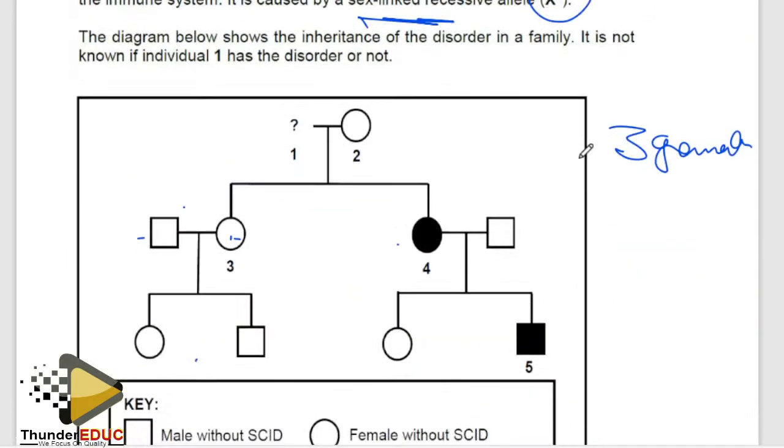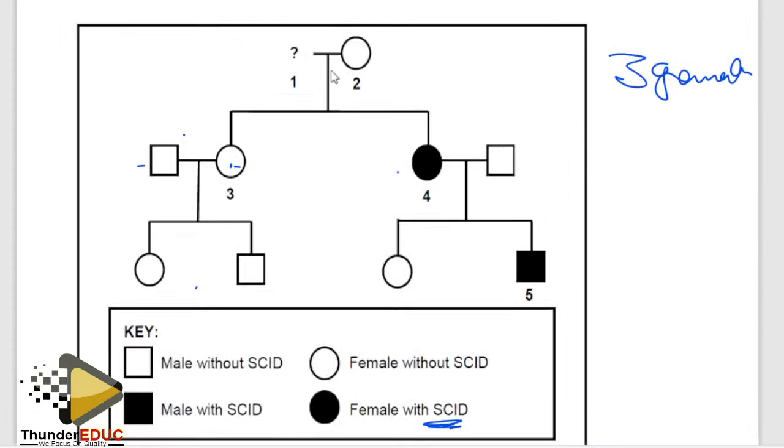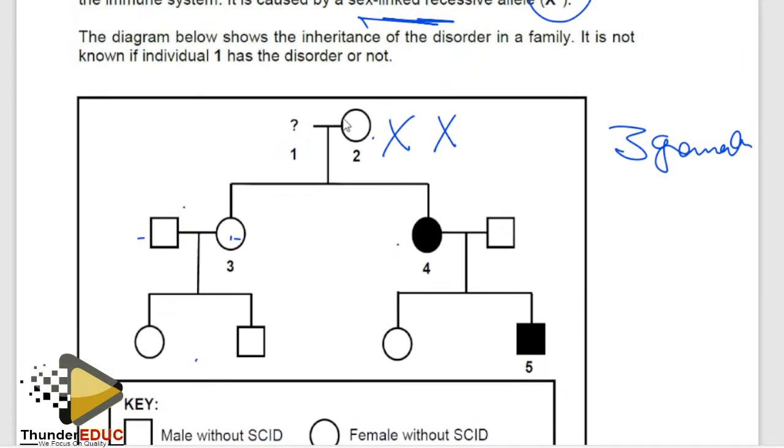If it's caused by a recessive allele, what you need to do is this one is XX, but this person is normal, therefore it's going to be capital D. I don't know whether it's going to be capital D, small d, or capital D, capital D, but they produced a kid who is sick.